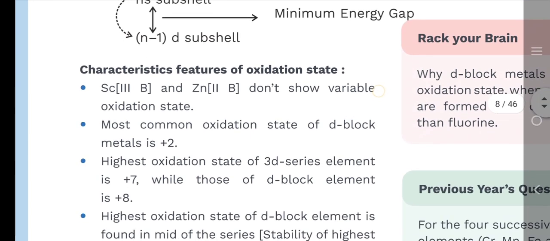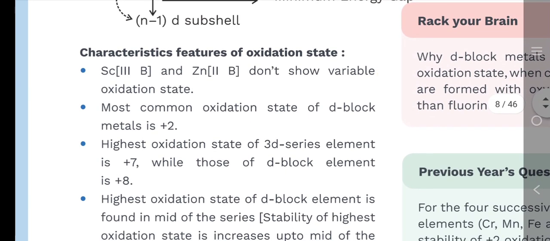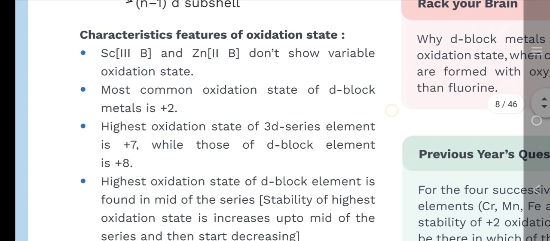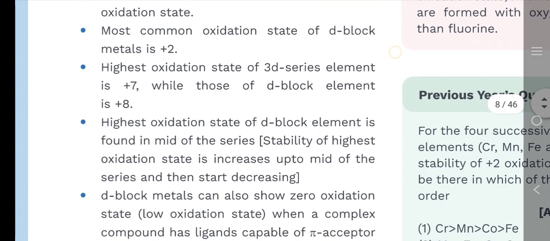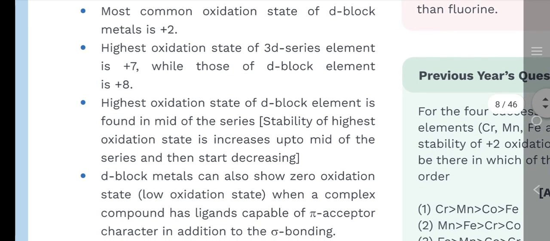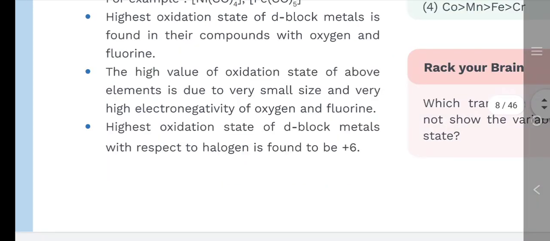The most common oxidation state of d block metals is +2. The highest oxidation state of the 3d series elements is +7, while that of d block elements is +8. The highest oxidation state of d block elements is found in the middle of the series. Stability of the highest oxidation state increases up to the middle of the series and then starts decreasing.